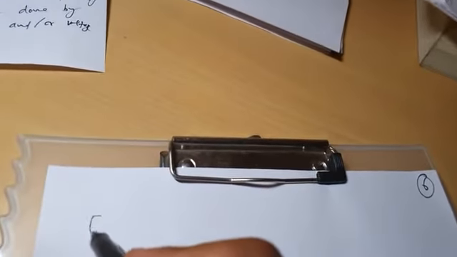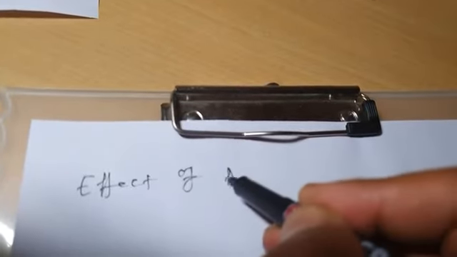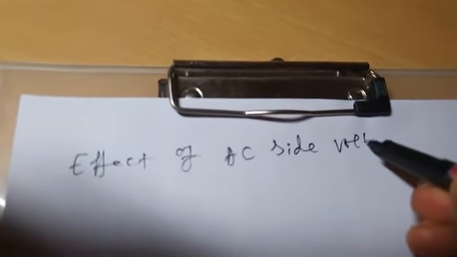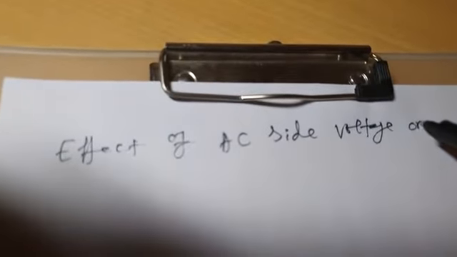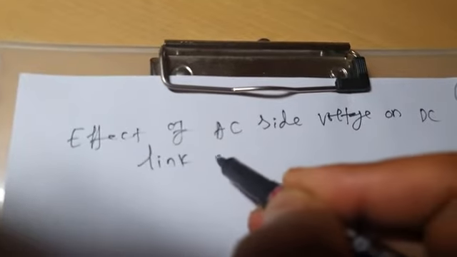Now let us discuss the effect of AC side voltage on DC link current.